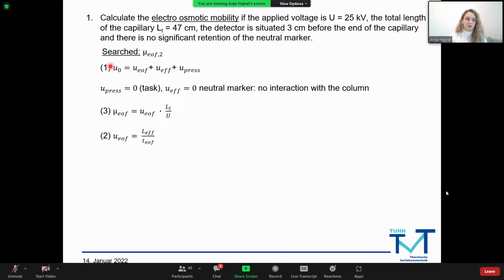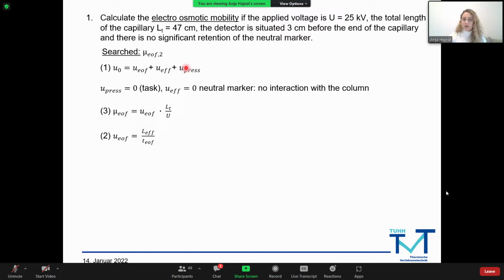This means that if you have a look at equation 1, this is our total velocity, which equals the sum of the velocity due to the electroosmotic flow, plus the velocity due to the electrophoretic flow, and the velocity due to the applied pressure gradient.